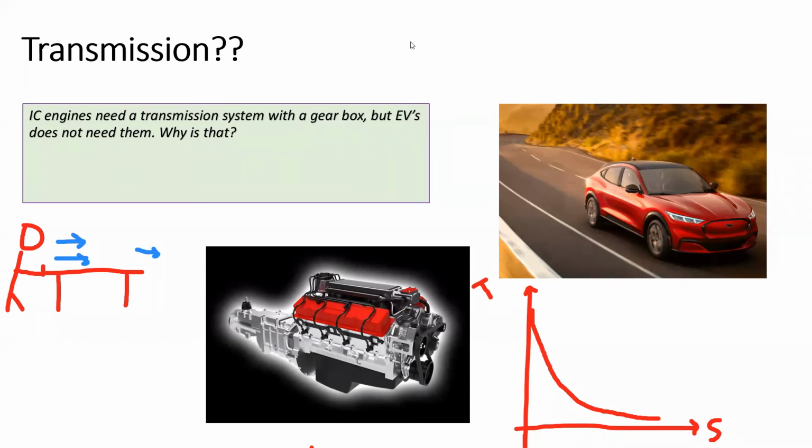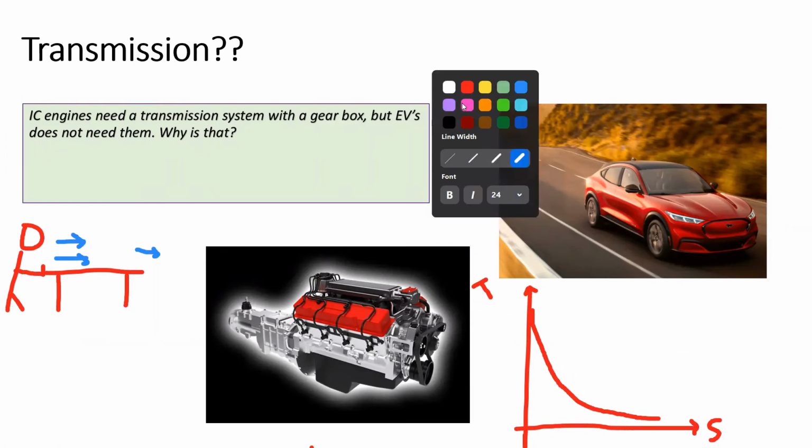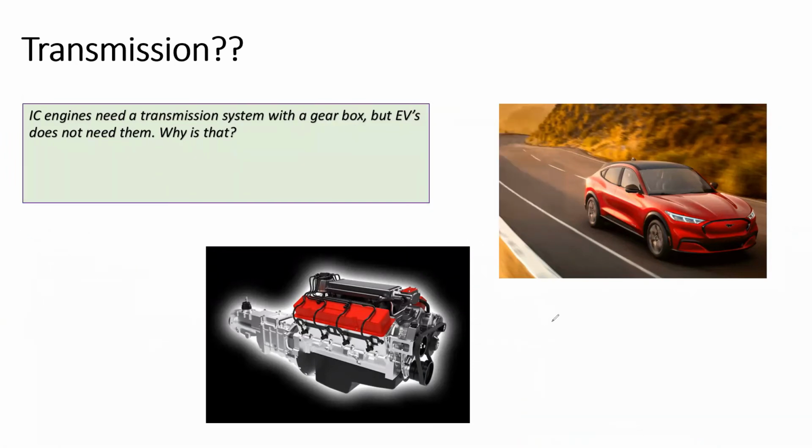In the engine, engines could not deliver this sort of torque curve. The tractive effort, as I told you, comes from the torque. That torque curve is somewhat different from this one, so that's why we use a gearbox.